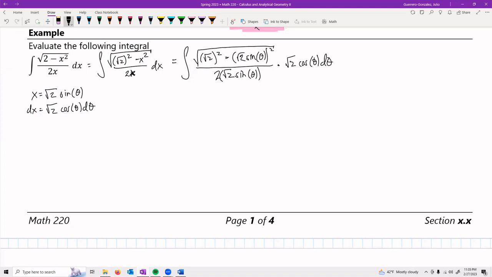It's looking nasty already, but let's keep going. There's a root 2 out front, there's a root 2 on the bottom there, so I can reduce this.